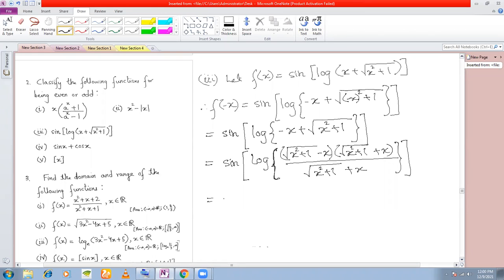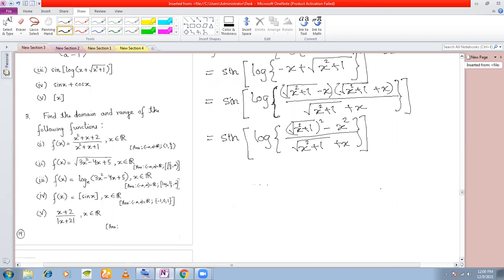So sine of log, and now in the numerator you have root of x square plus 1 whole square minus x square, divided by root of x square plus 1 plus x.